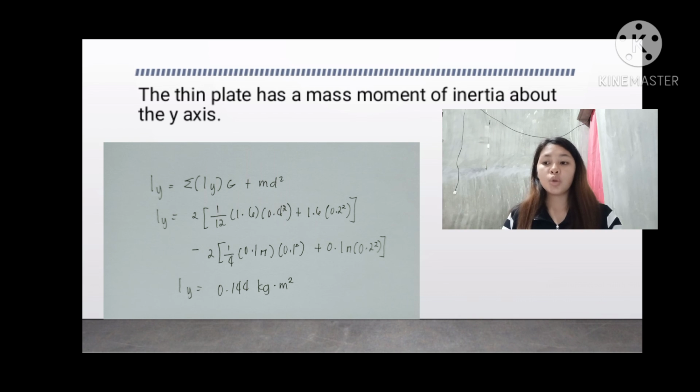Which in result, 2 times the quantity of 1 over 12, since we have identified before that in solving using the parallel axis theorem, we are always considering the constant of dividing 12 with the product.